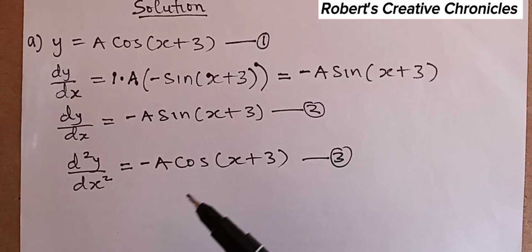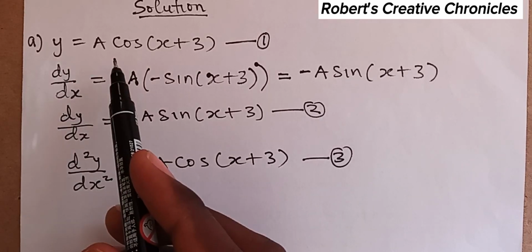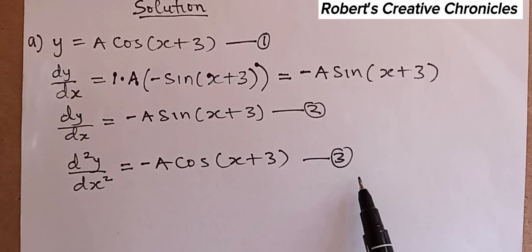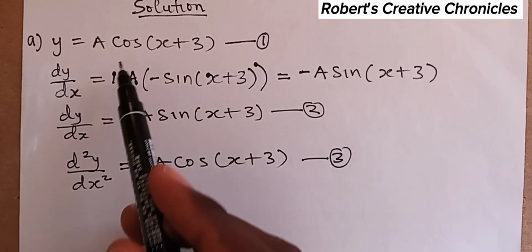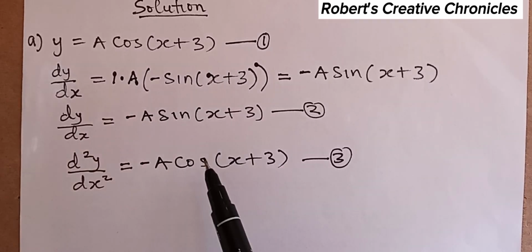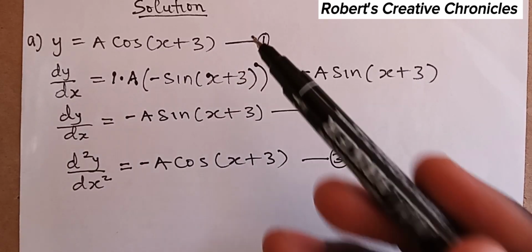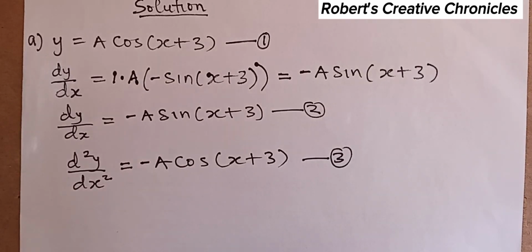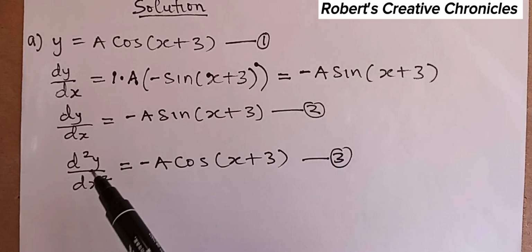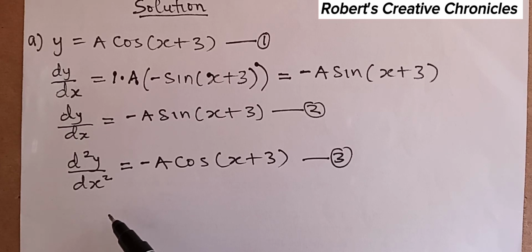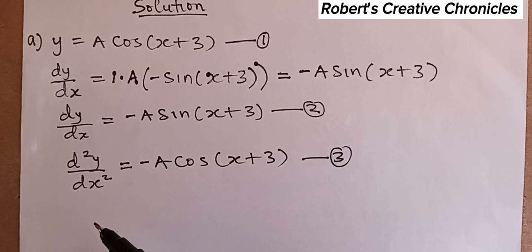So you can see that from the first and third equation we have a common term, a cos(x + 3). So we will substitute equation 1 into 3 so that we'll get the differential equation, because the differential equation is an equation that contains x, y, dy/dx and higher derivative terms.